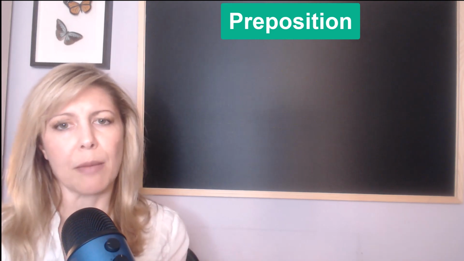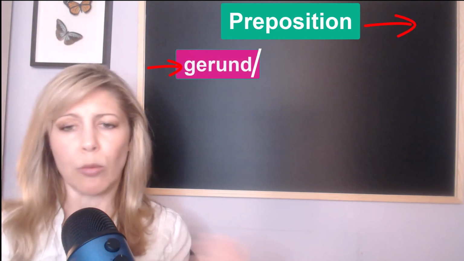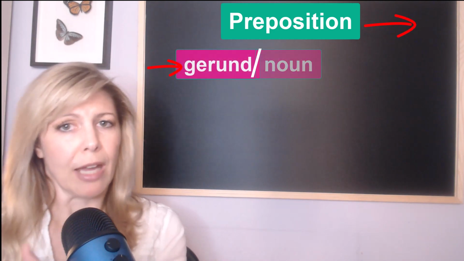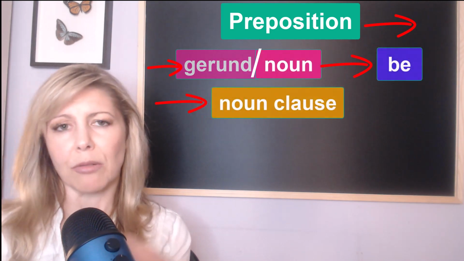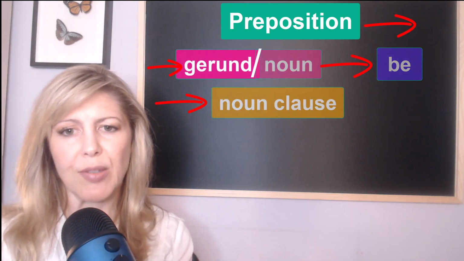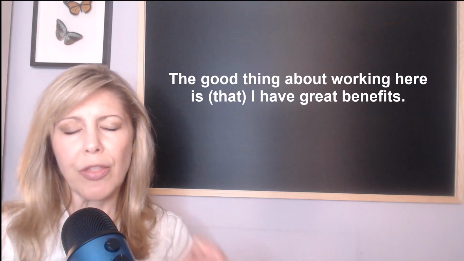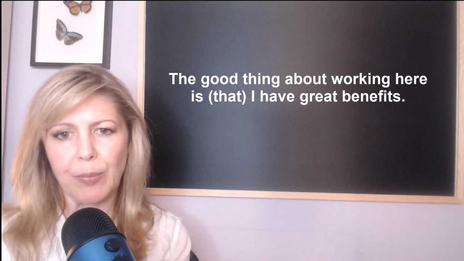And then after that preposition, we normally follow with a gerund or a regular noun. Then we have the verb of be, and then our noun clause. So let's just kind of take this sentence apart. Let's look at all the pieces. The good thing about working here is that I have great benefits.